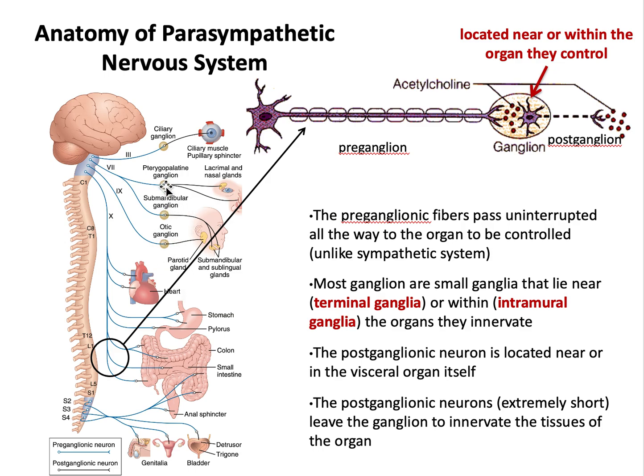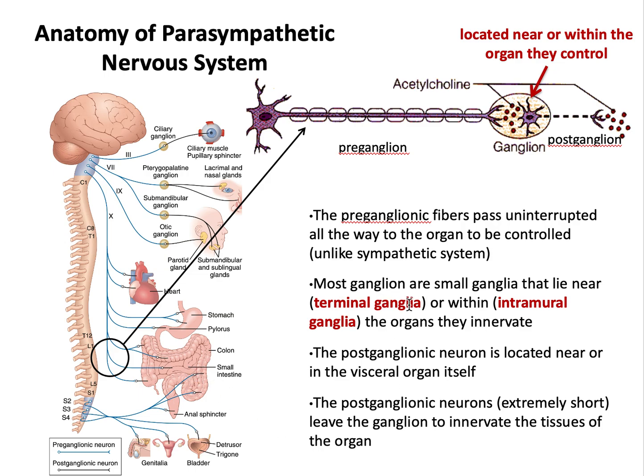These ganglia are located closer to the tissues themselves, all right? The preganglionic neurons synapse in a ganglion with a postganglionic neuron, which will then innervate effector tissues and cells, all right?